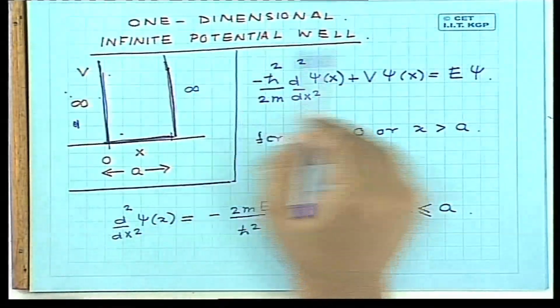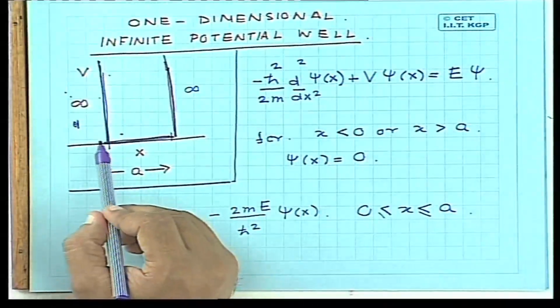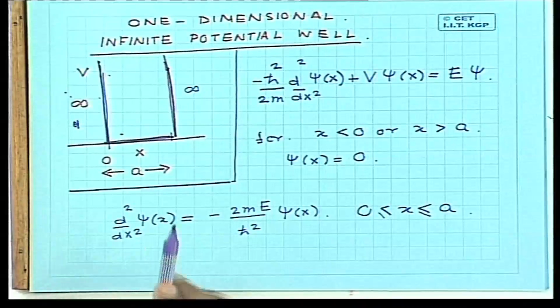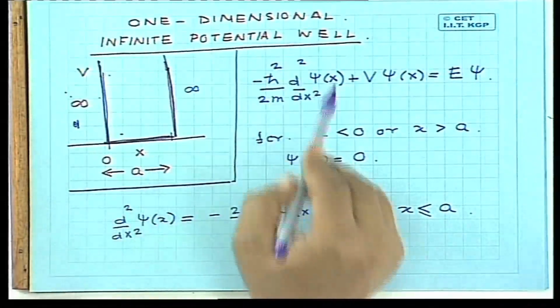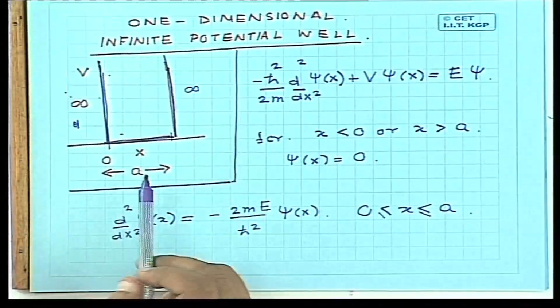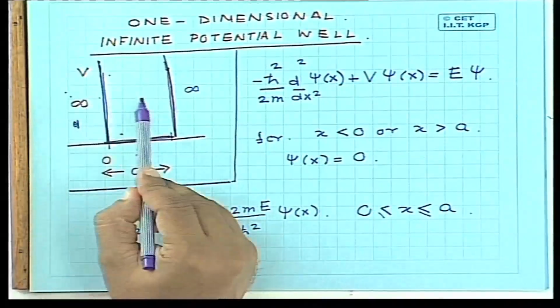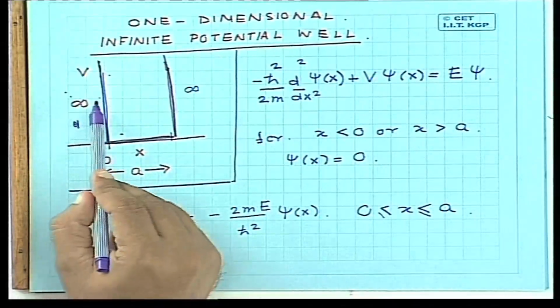In order for this equation to be applicable, we want the second derivative to exist here, which means that the first derivative should be continuous, then we get a finite second derivative. So the function itself and its first derivative should be continuous across the boundaries, both at the left and at the right.